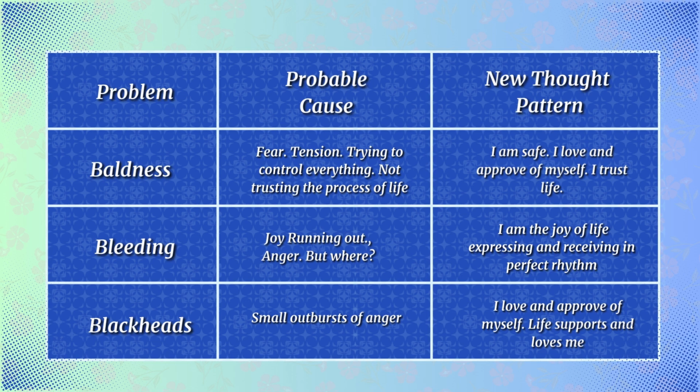Now the next one is bleeding. If you have a lot of bleeding, you know that blood is red in color, right? And basically it means that the blood gives nourishment to the body, it gives excitement and energy to the body. So when that excitement and energy is going out, basically joy is running out. That joy, that happiness, that strength, that energy, that spark is missing from your life.